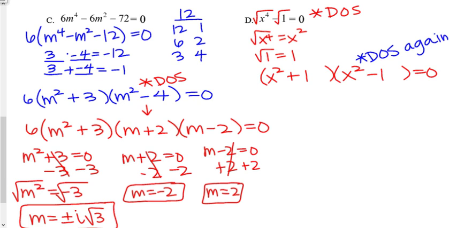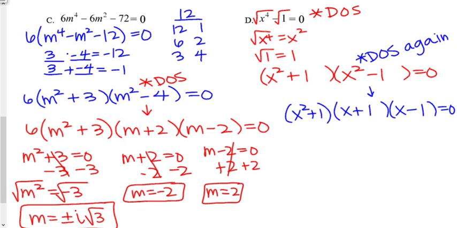X squared minus 1 will turn into x plus 1, x minus 1. So I still have my x squared plus 1, but x squared minus 1 will turn into 2 more sets of parentheses. X plus 1, x minus 1.